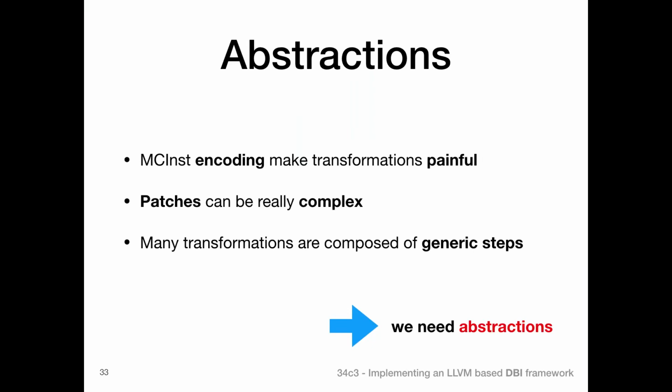And we also had a feeling, which is, you see that we have been forced to back up something, to back up a register. So you can feel that it will not be the only patch where you need to back up a register. You can feel that you will need some generic steps that will be needed a bit everywhere. And so basically we need abstractions.